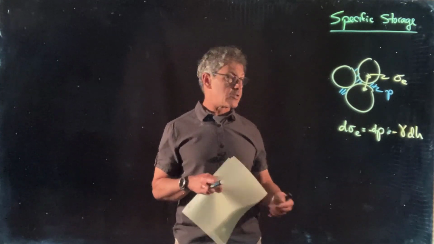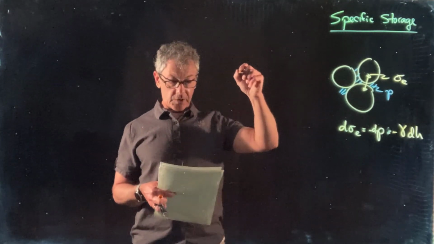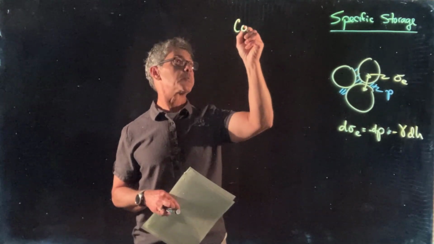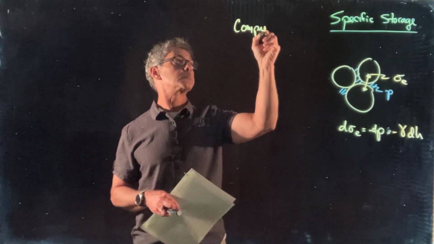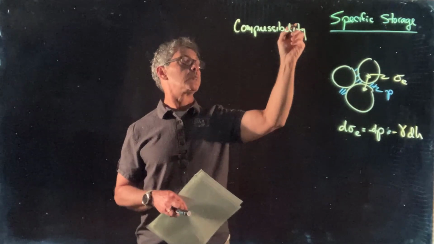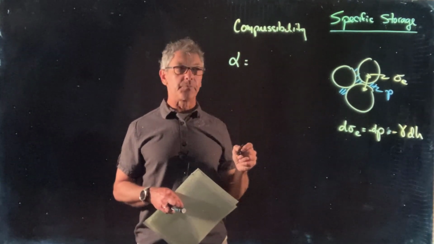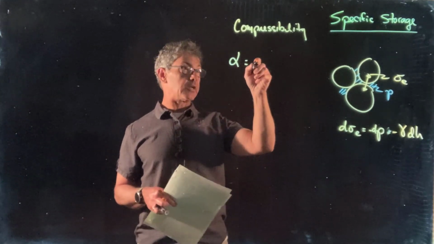All right? So we're going to make a definition, and we're going to call compressibility alpha, and we're going to define it as the change in thickness.